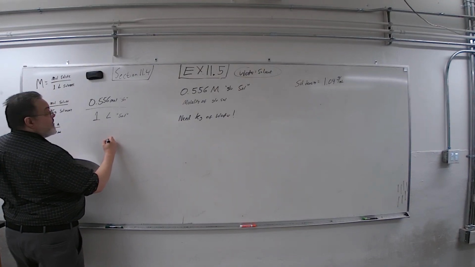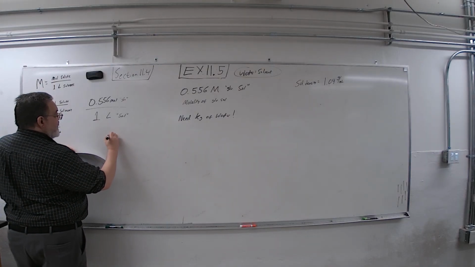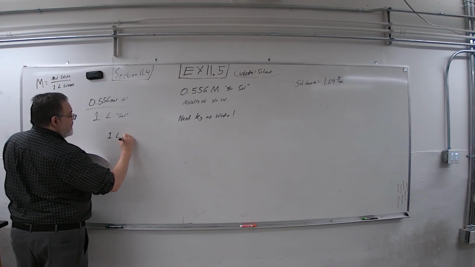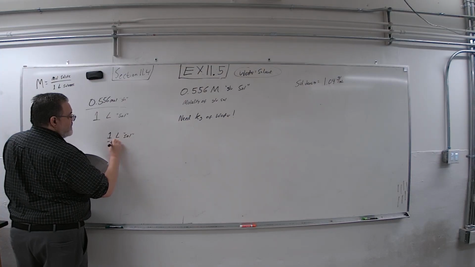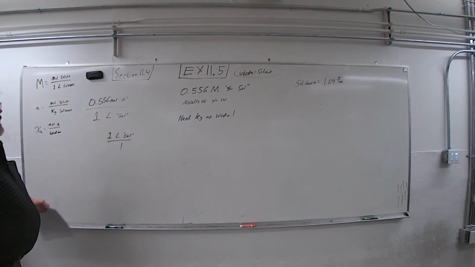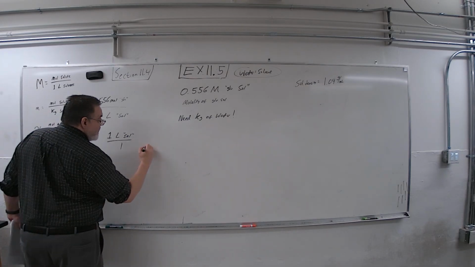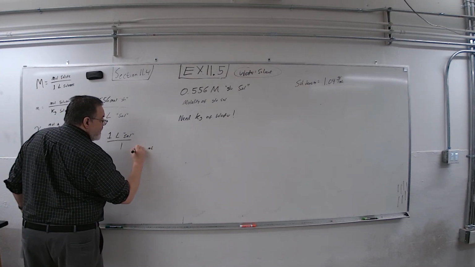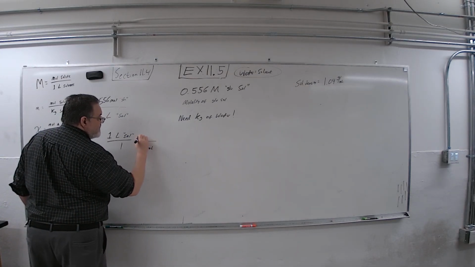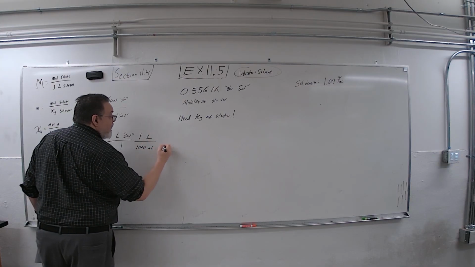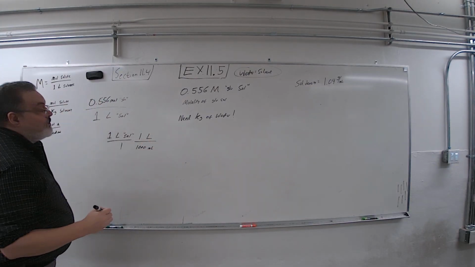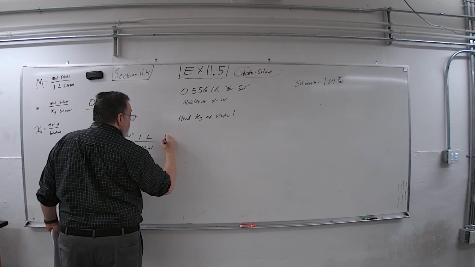So if we have 1 liter of the solution, 1,000 milliliters is 1 liter. And now I've got 1.04 grams per milliliter.